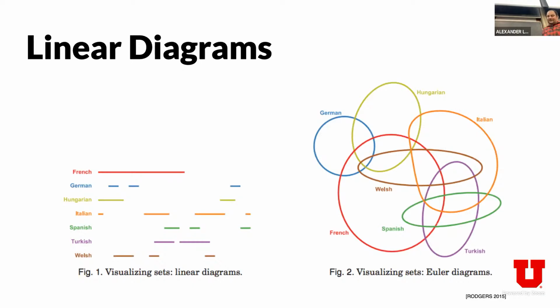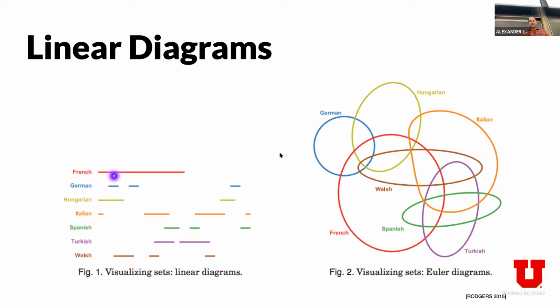This is a linear diagram. So here would be an Euler diagram, different nationalities and how they intersect. And then here would be the linear representation, right? And what you could do is see that if there is an overlap along this direction here, then there's an overlap between the sets. So there's an overlap between French, Hungarian, and Italian.